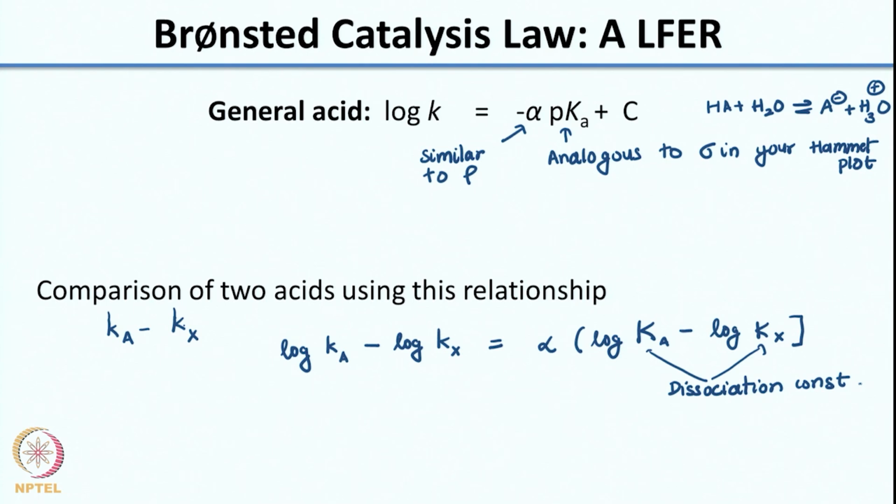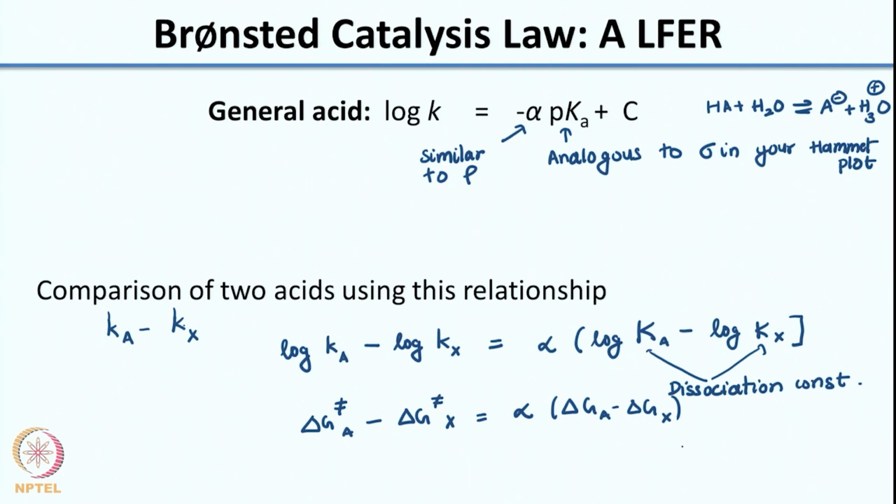And again, if you were to write it in terms of free energy, when you talk of small k, we are talking about the delta G for the transition state based on the Eyring equation. So, you have, again this would correspond to the free energy for the dissociation of the acid in water.